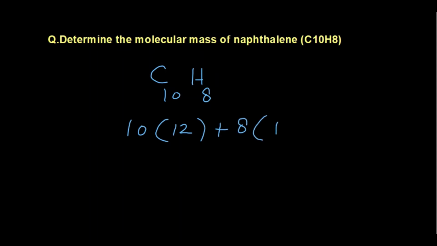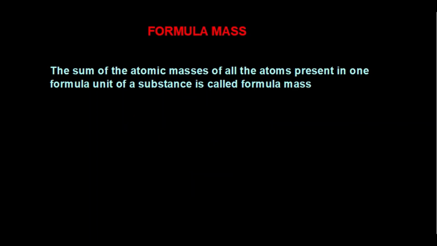Atomic mass of hydrogen is 1 atomic mass unit. Now we add all these, we get the answer 120 plus 8. It would be 128. So the molecular mass of naphthalene is 128 atomic mass unit. I hope this is clear. Now we will see what next question is given.